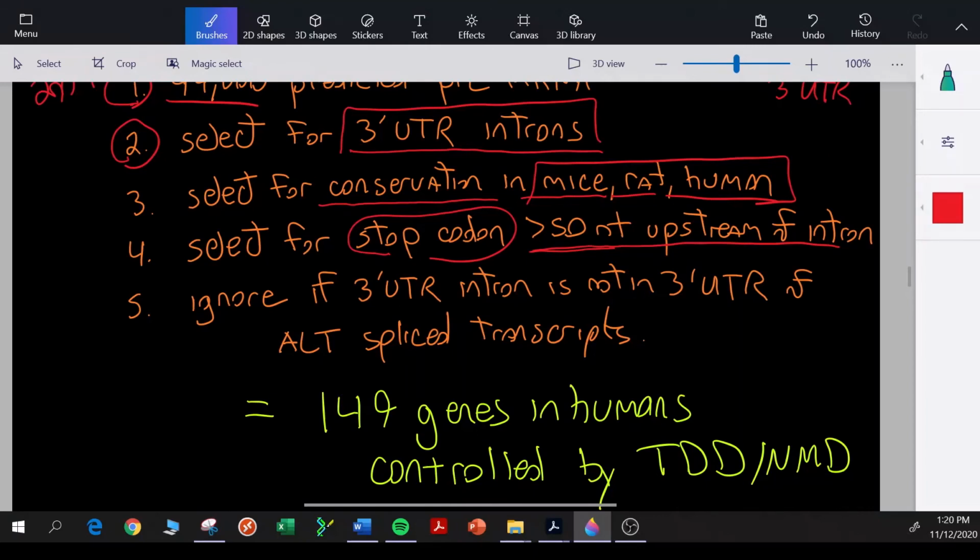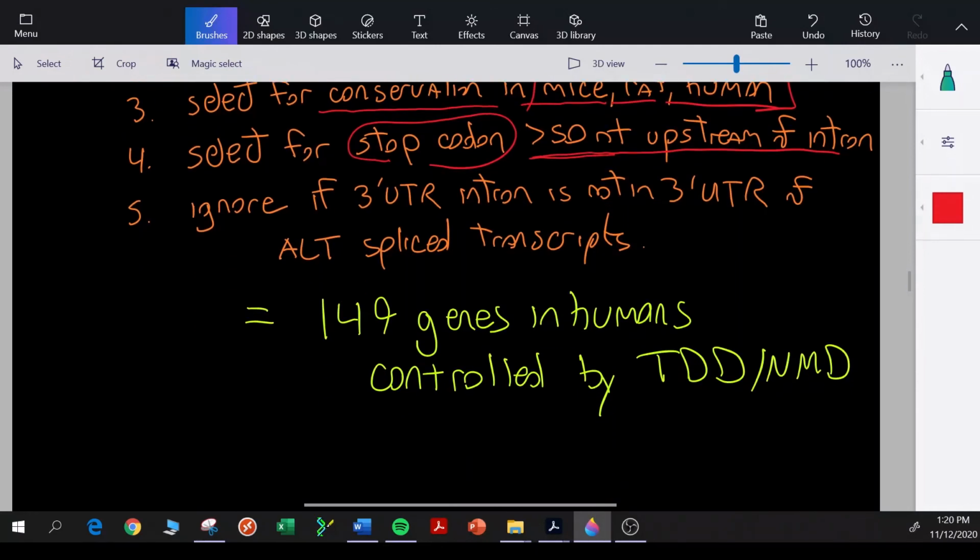Make sure you watch the previous video if you're confused about that. In the last step, if sometimes an alternate splice variant of a gene did not have that intron in the 3' UTR, they ignored those genes.